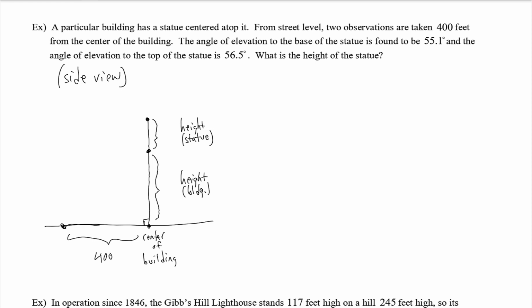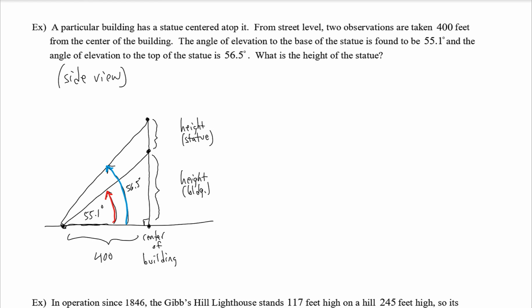So if I start at horizontal and then look at the base of the statue, it's 55.1 degrees. So that'd be this angle. But if I look at the top of the statue, which would be way up here, that angle is 56.5 degrees. So I've got two angles here. I've got this one and I've got this one.